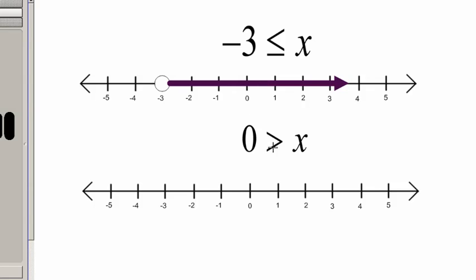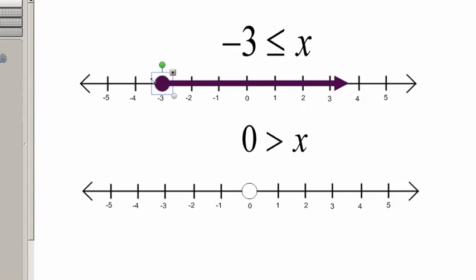Now 0 is greater than x. That means that x is less than 0, doesn't it? Oh, you guys, you allowed me to forget this part. Negative 3 is included. Negative 3 is less than or equal to negative 3. I've got to include this. The way that I show that it's included is I shade it in.